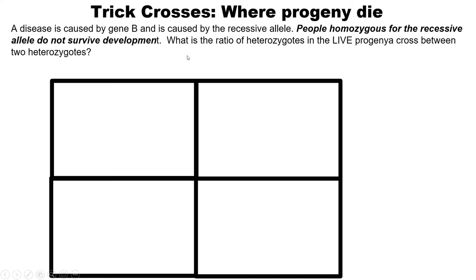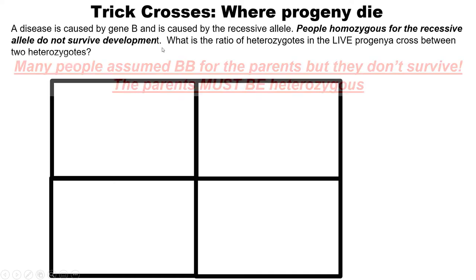For some reason, a lot of people set up crosses that were homozygous for the dominant allele. If the problem is straight up saying that some homozygous is not surviving, then you cannot set up the cross with those homozygous mutants. So you would have to start with the heterozygote, right?